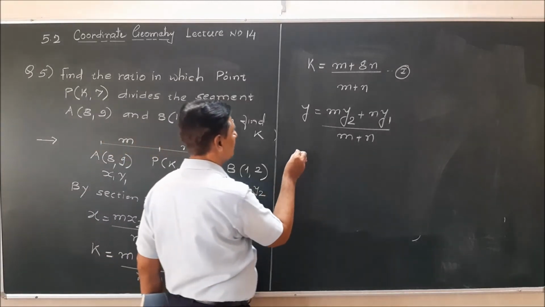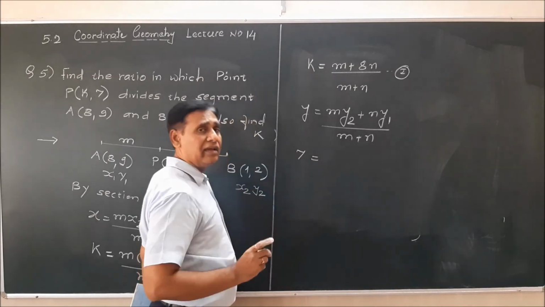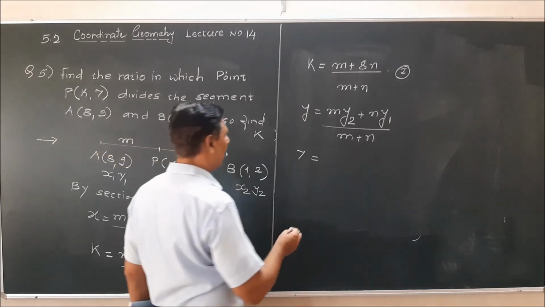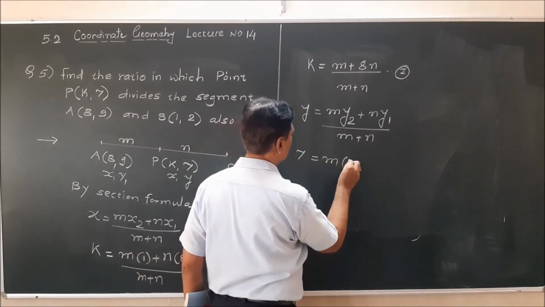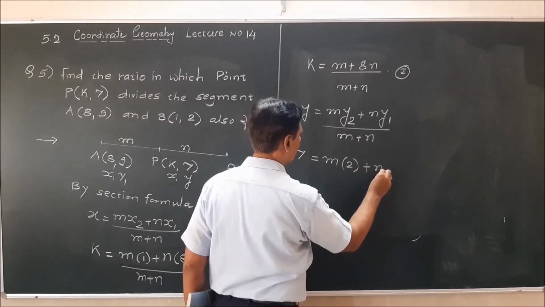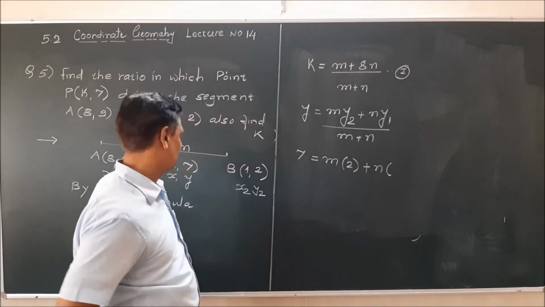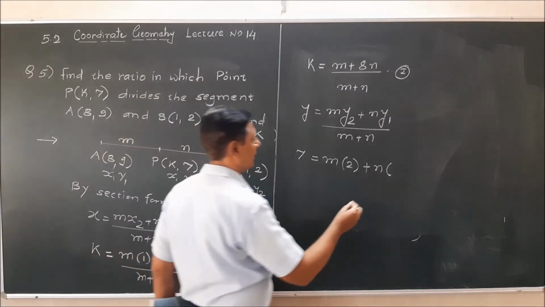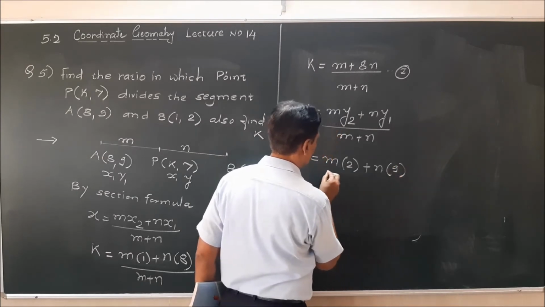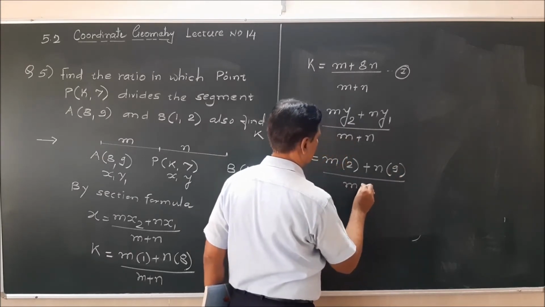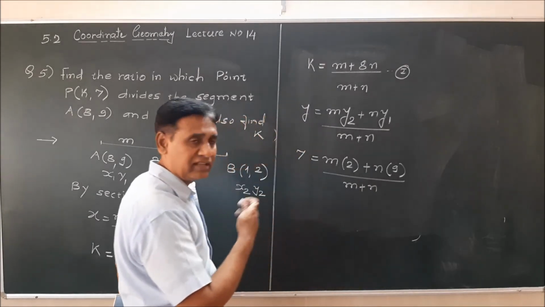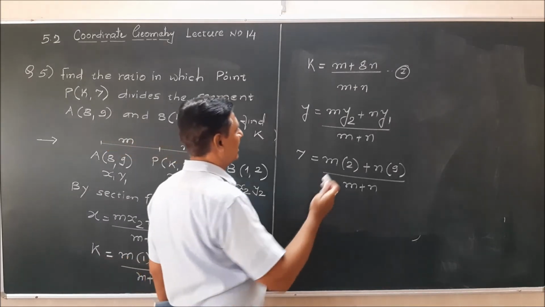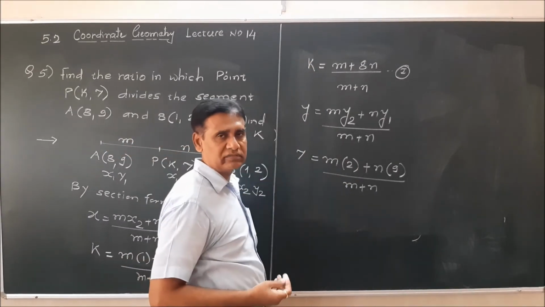So 7 is equal to my2. m we don't know, y2 we know. y2 is 2, plus ny1. Value of y1 is 9, upon m plus n. By simplifying this, I will surely get the value of m upon n. Then I'll substitute that value in 1. I'll obtain the value of k.